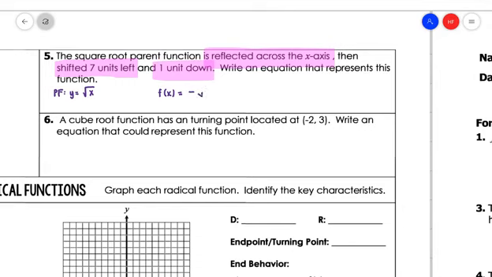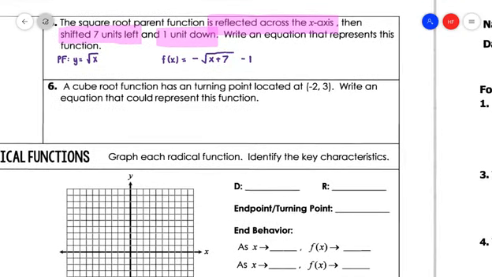There is no stretch or shrink, so I'm going to go straight into writing my radical. We're shifted 7 units left, so we go opposite, so plus 7, and 1 unit down. On the outside, we have a minus 1, so be careful not to write it underneath that because it's not the same. So we need to make sure that it's on the outside of the radical.